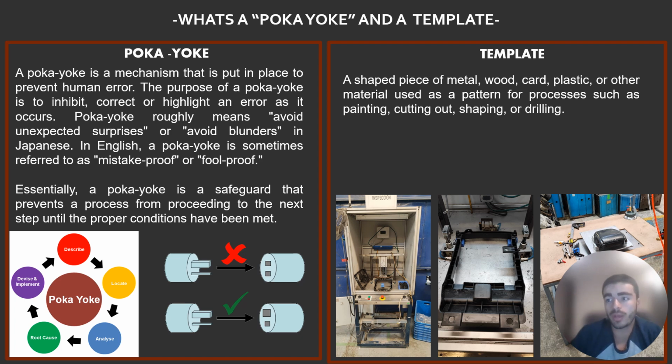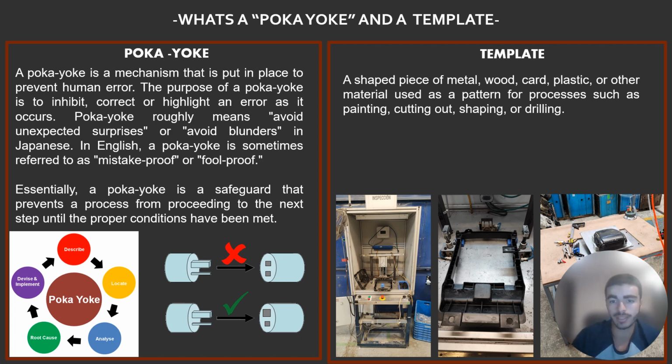Essentially, a Pokayoke is a safeguard that prevents a process from proceeding to the next step until the proper conditions have been met. So, a Pokayoke template would be a template that helps to reduce human error and helps strictly mark the steps that you have to take to complete that process.